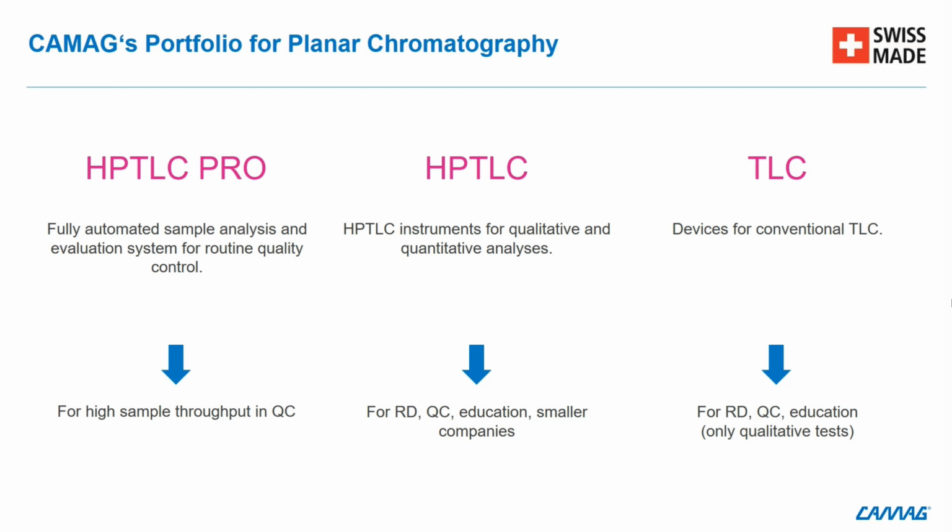Third, if you want to process an increased number of samples in a standardized, fully automated workflow, we offer the newly developed HPTLC Pro. Working with this system requires only minimal manual intervention, and it is therefore optimally suited for quality control laboratories in mid-sized and large companies.